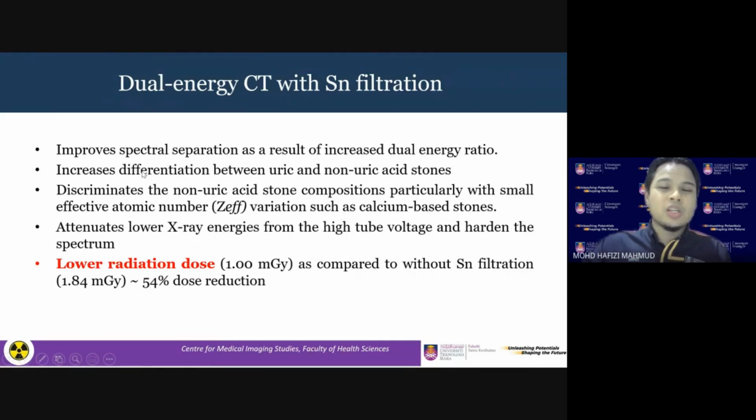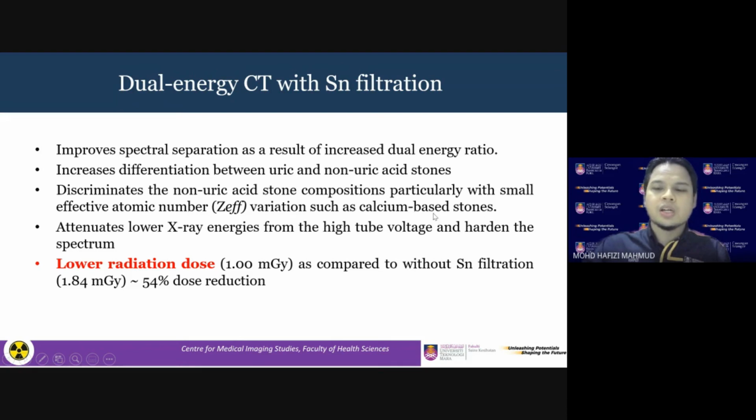Of course it will increase the differentiation between uric acid and non-uric acid stones. It's also very helpful when we apply the thin filtration to discriminate non-uric acid stones, particularly those with a small effective atomic number, such as calcium-based stones.